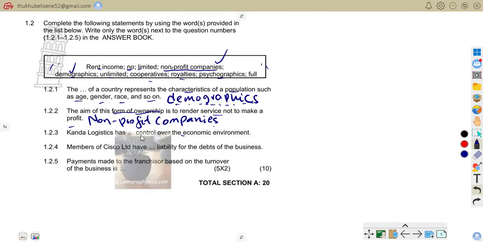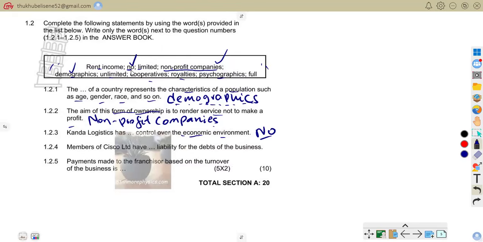The answer is no. Remember, the economic environment falls under the macro environment. So a business has no control over the macro environment. That is why this becomes the correct answer.